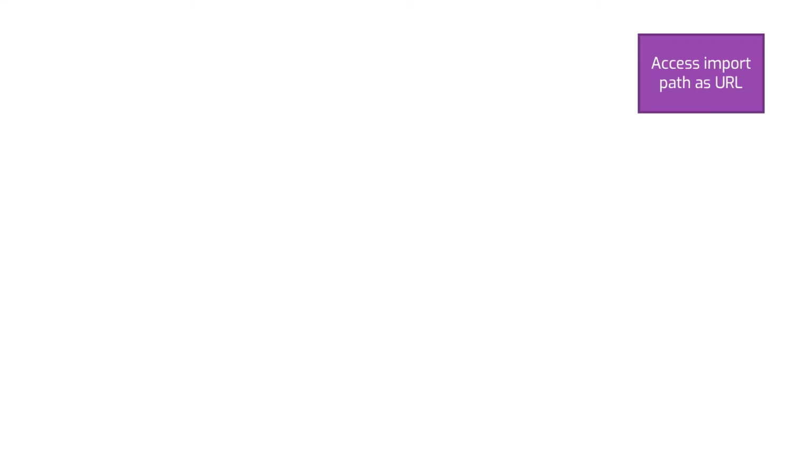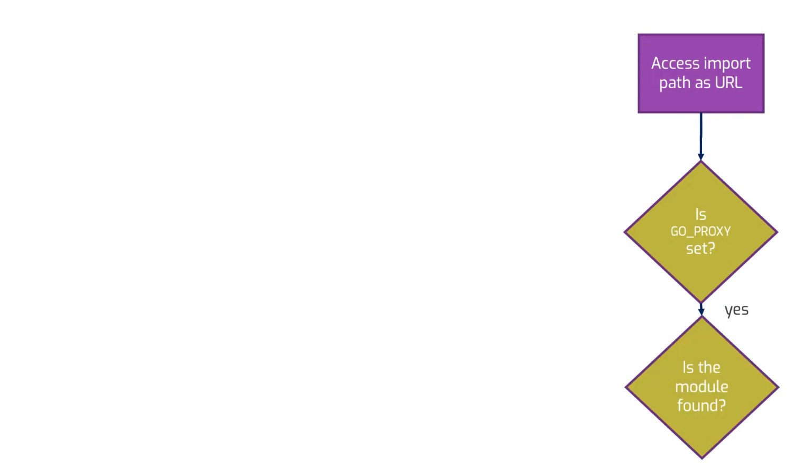So now if you look at the diagram of how it works, it looks a little bit different. First of all, Go will take the URL that exists in the import. But now, instead of trying to understand if it's a version control or not, first we will check if the GOPROXY environment variable is set. If it is set, then instead of cloning the source from Git, we will check if this dependency in the version declared in my go.mod file exists in the repository.